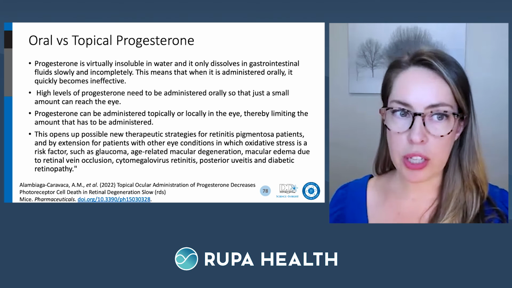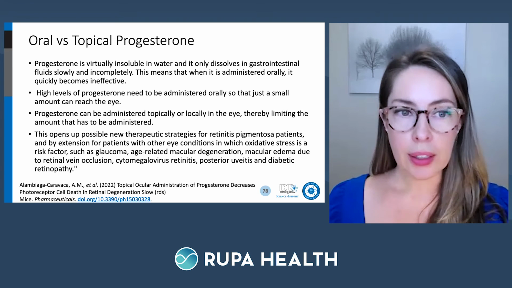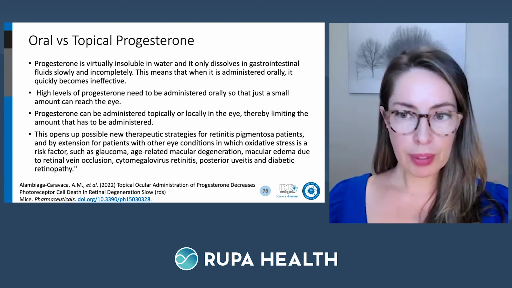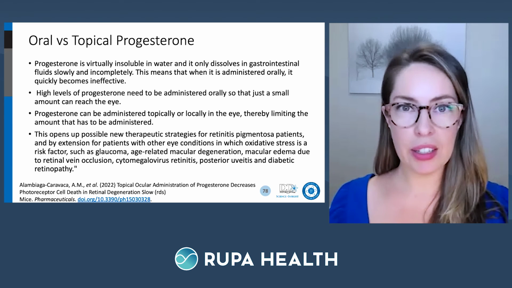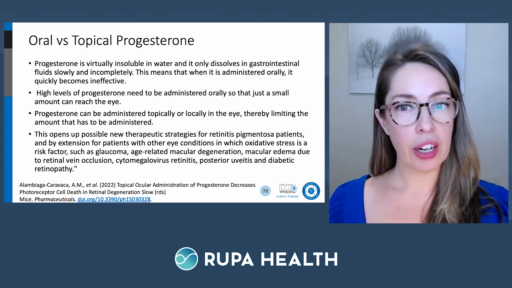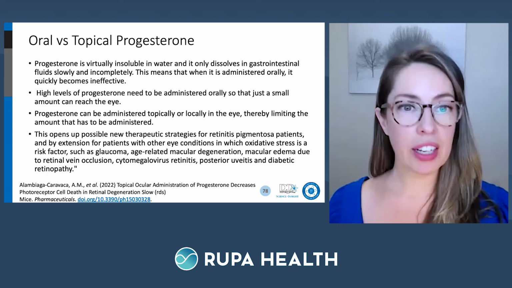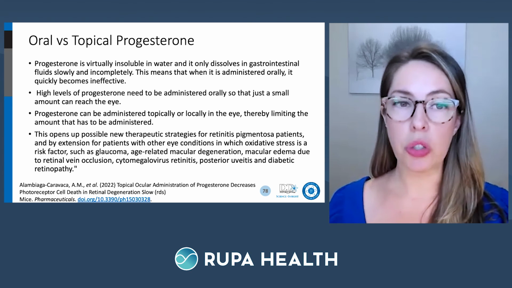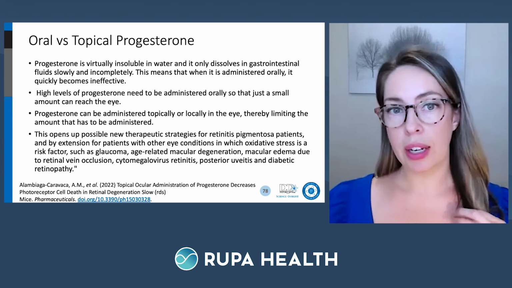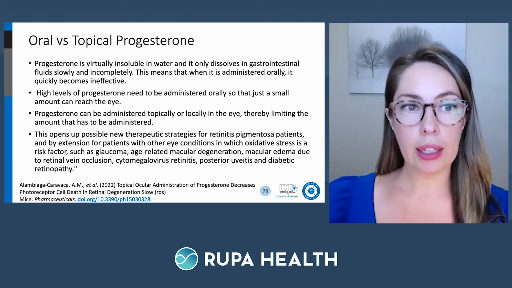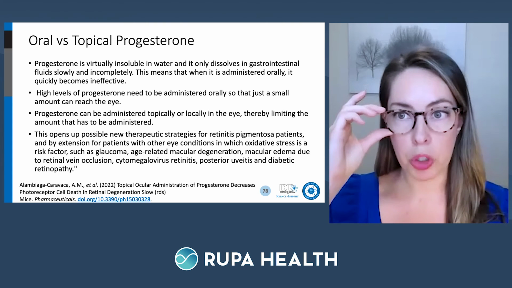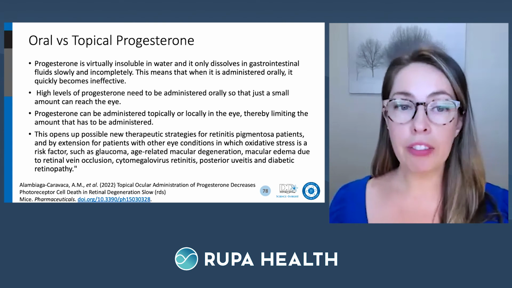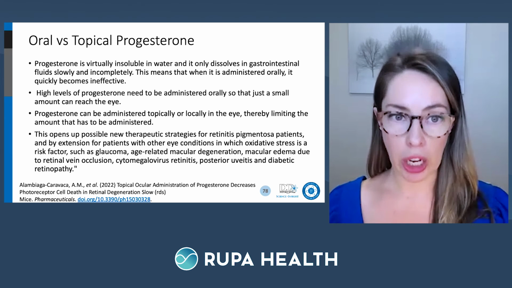It dissolves in gastrointestinal fluids slowly and incompletely. So it becomes very ineffective right away. And also the majority is going out in the urine and the stool. Not a lot of it is getting to the actual tissue. So I'm just showing you an example of this, where they needed to use a topical, and specifically they were using, interestingly, ocular progesterone to really get the benefit that they needed at that location.